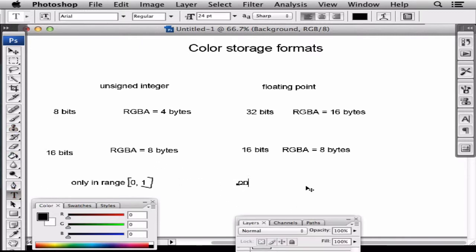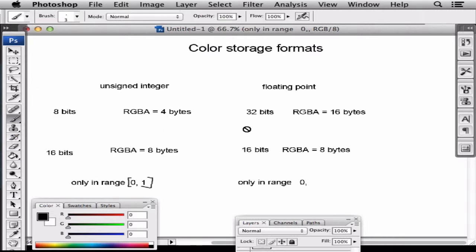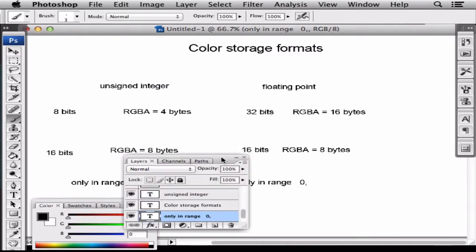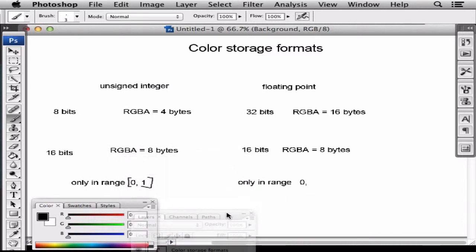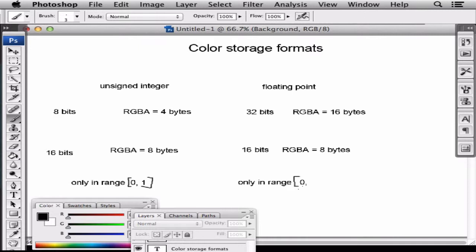And over here we can have values that are much larger. We still don't really like to have values that are less than 0. But we can have very bright colors, brighter than we can see, if we want that.